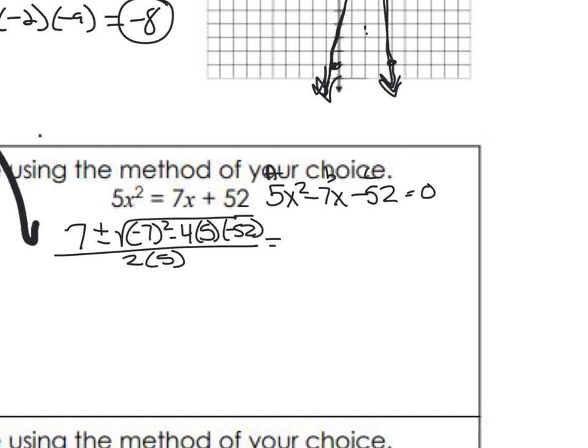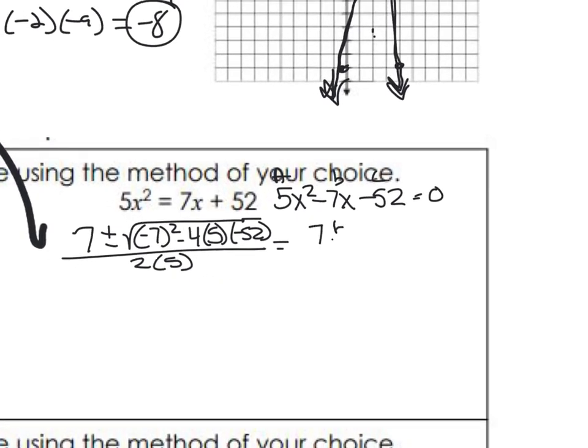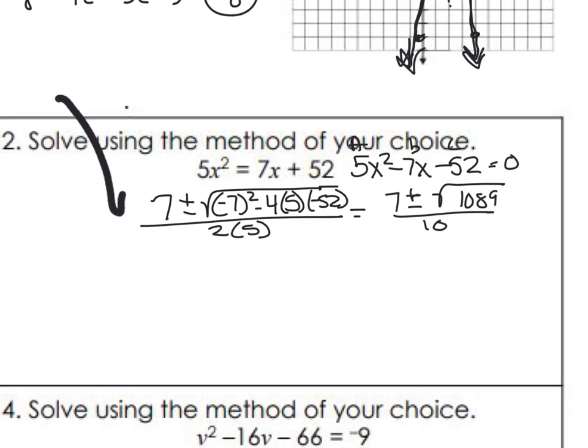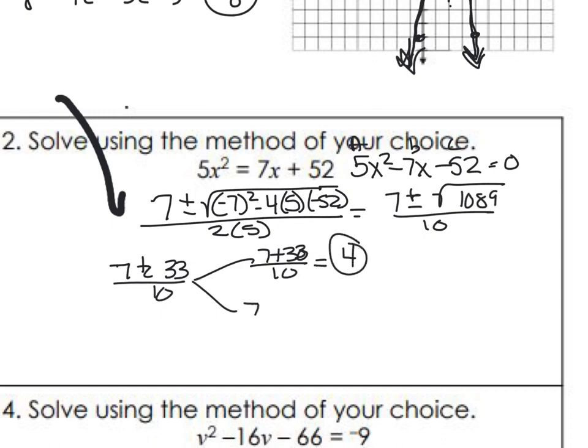So that's going to equal, my discriminant is going to be a positive number, 1,089 over 10. So 7 plus or minus square root of 1,089 is 33 over 10. So split it off, 7 plus 33 over 10, so that'd be 40 divided by 10 is 4. And 7 minus 33, so that's negative 26 divided by 10, so it's negative 2.6.